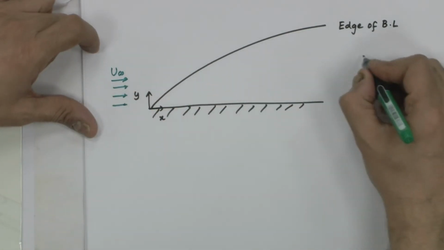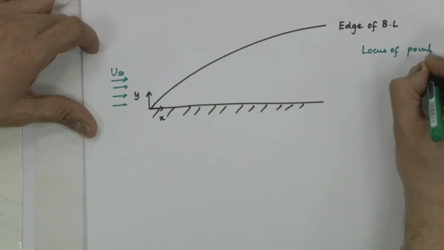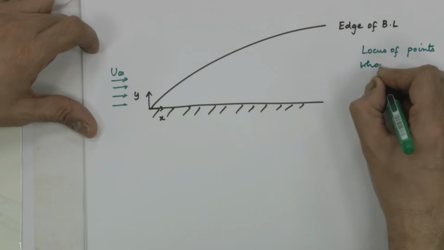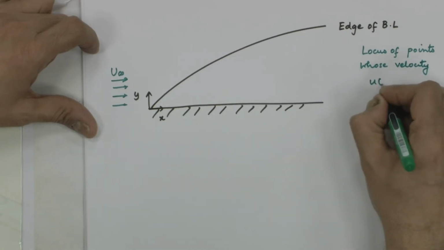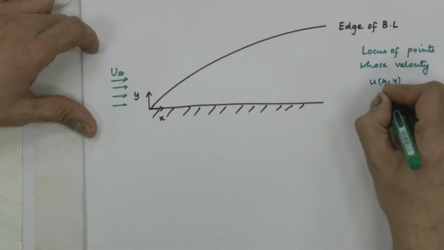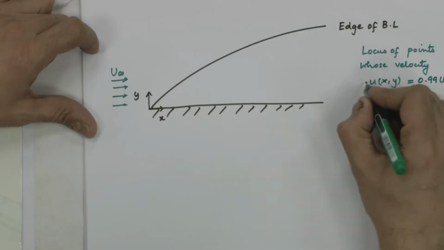The locus of points whose velocity u of x comma y is 0.99 times u infinity.